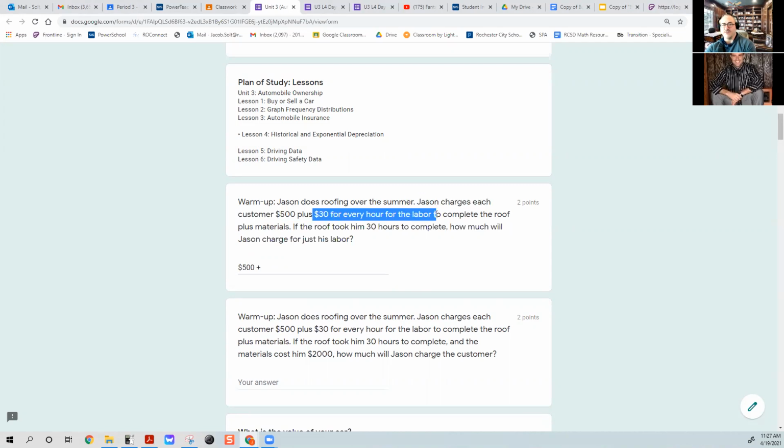So we have 30 times 30 here, 30 hours at $30 per hour. How to figure that one out? Well, as Mr. K already said in the chat, 30 times 30 is 900. So 500 plus 900 is going to be equal to $1,400 just for labor. That's what Jason is charging just for labor, $1,400.